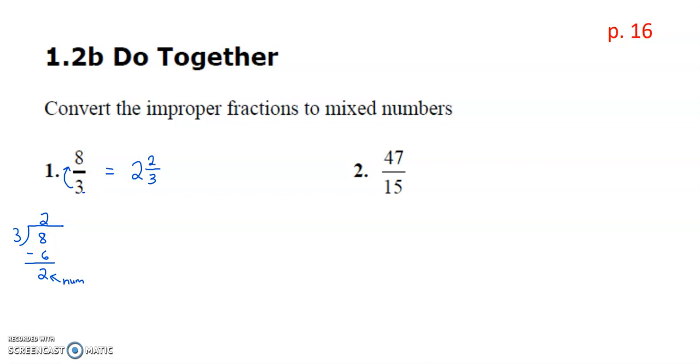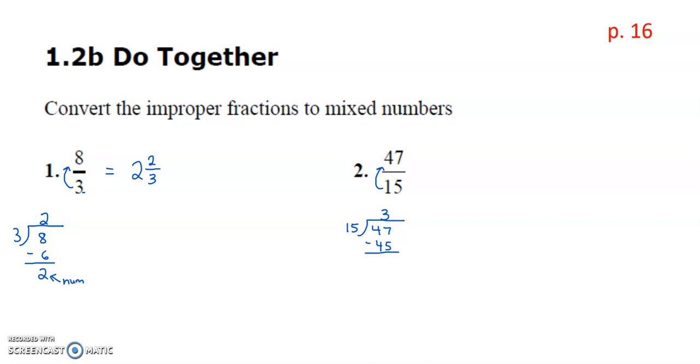Let's try one more. Number 2, we have 47/15. Our strategy doesn't change. We're dividing up. How many times does 15 go into 47? In this case, 15 goes into 47 3 times. 15 times 2 is 30. 15 times 3 is 45.